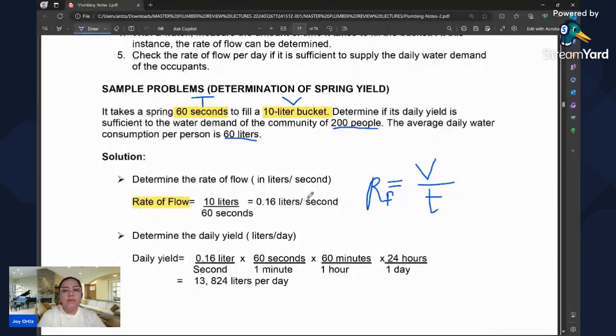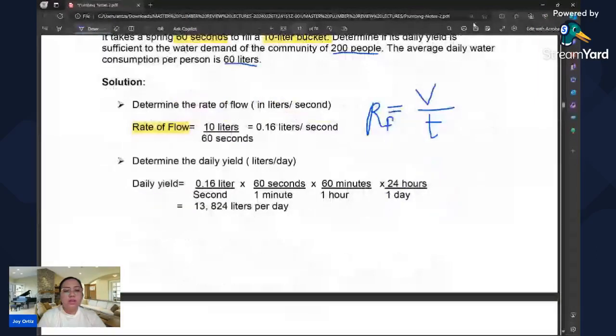So this time, we need to determine the daily yield. How can we know the daily yield? Ganito na lang.